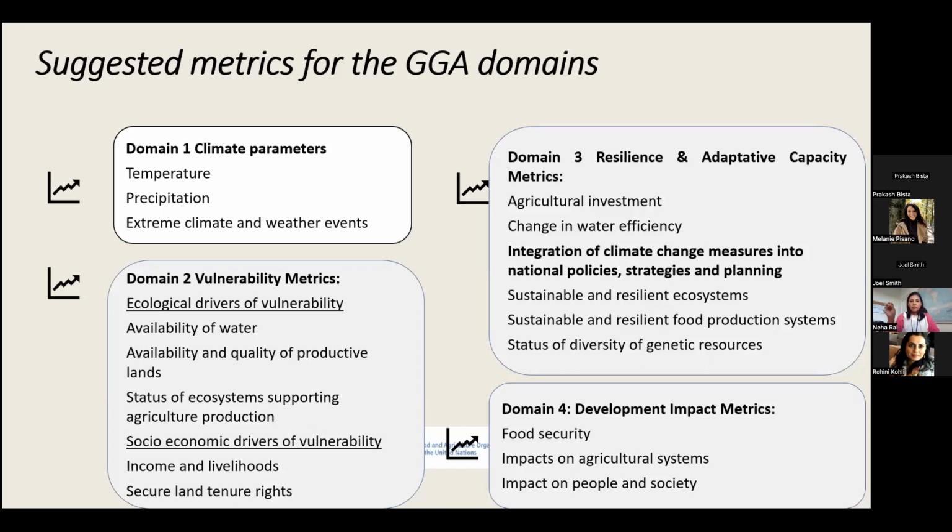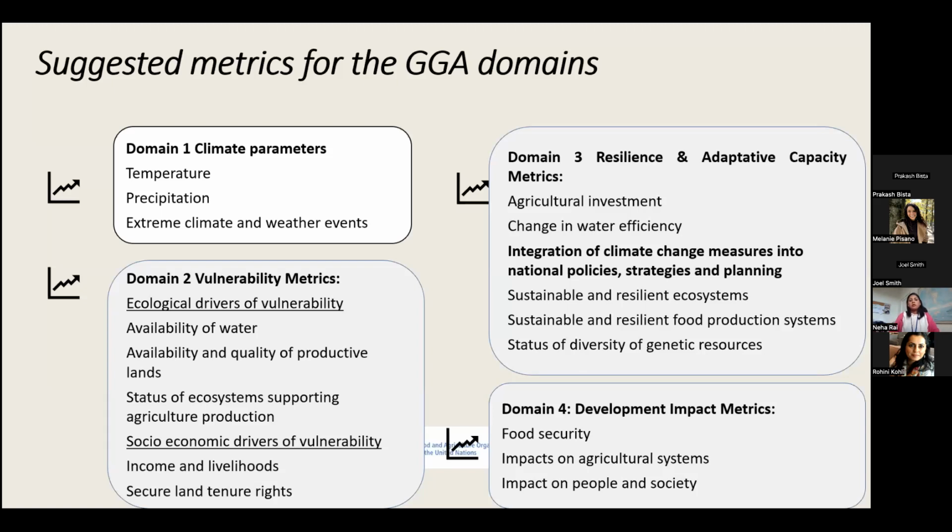It's important to note that this is not an exhaustive list, and countries may complement with their own context-specific indicators. So it offers a framework, but not a blueprint of indicators, and that's not the intention of the framework. So domain 1, of course, is the climate data, which is the underlying factor across all the 3 domains, where assessing the success of agriculture adaptation efforts is determined based on the context of climate change, which is through climate data such as temperature, precipitation, extreme climate, and weather events.